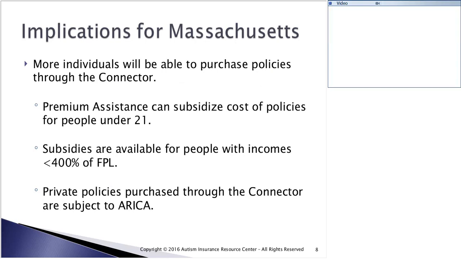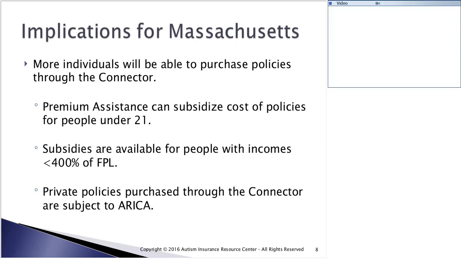The implications in Massachusetts are that more individuals will be able to purchase policies through the connector. And when I showed those three circles, in 2000, before the Affordable Care Act, many people would contact us, and if they had a self-funded private plan, we could advise them how to perhaps advocate with their employer to adopt coverage.